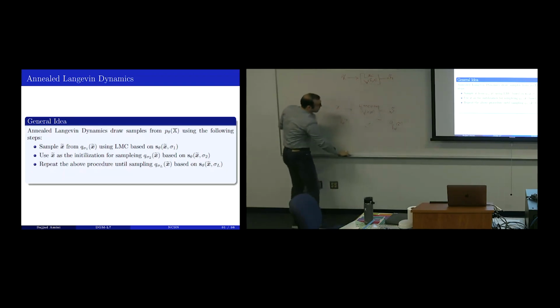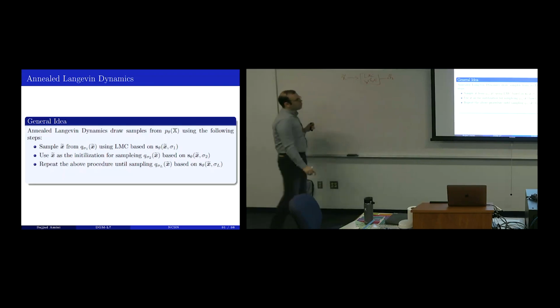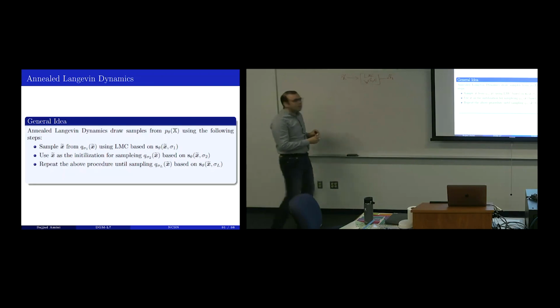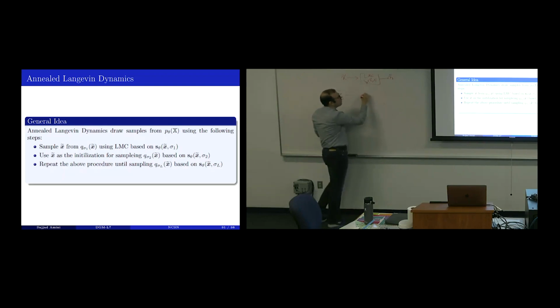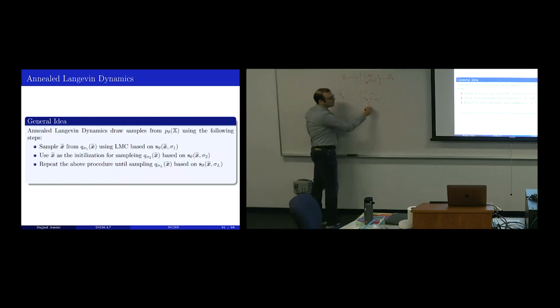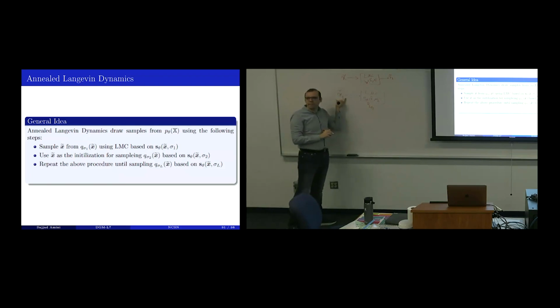I know that this sample does not have the problem of slow mixing because the data set is very noisy. Then I input the output of the previous step into a new LMC with this score function. What happened? In terms of Q sigma 2, I am increasing the probability of this data sample.